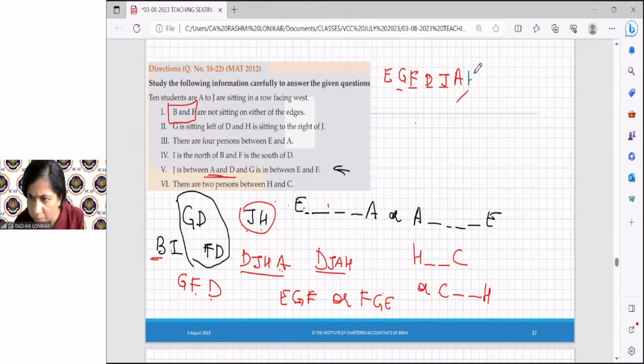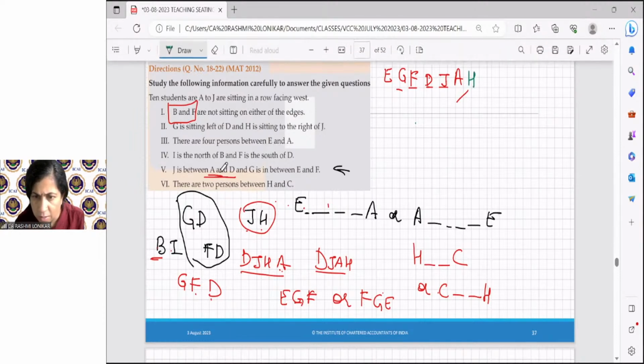Here. Because JHA, okay. So I can have this one. So I'm DJAH. Okay, so this I'm going to use, DJAH. 1, 2, 3, 4, 5, 6.